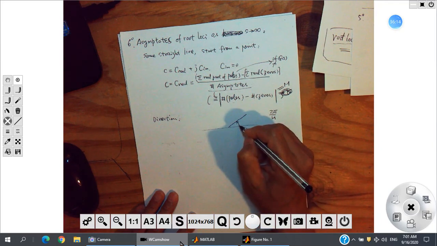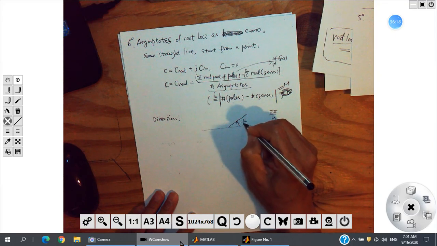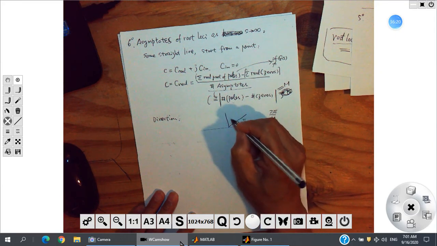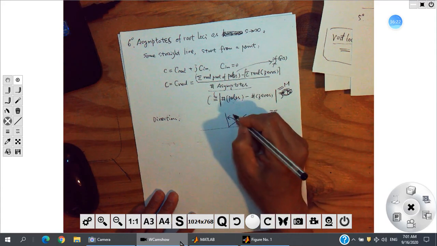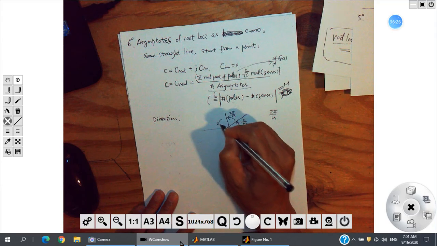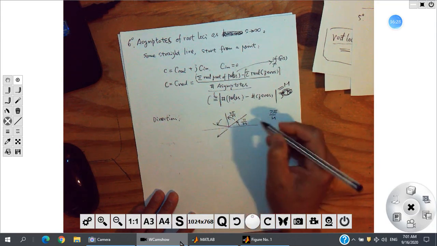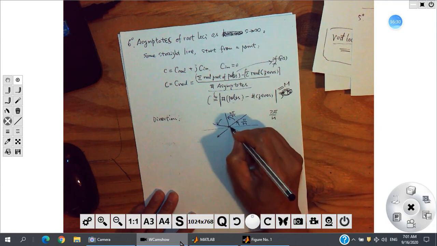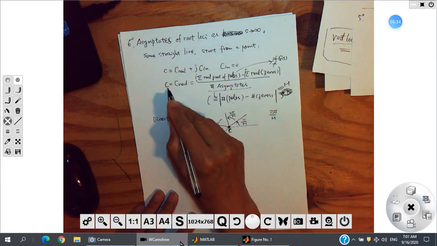So you always start from half of it. So this is pi over m. And then you have 2 pi over m, and so on, depending on how many root locus branches you have. And this point is C, the center.